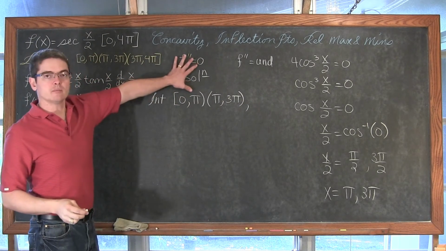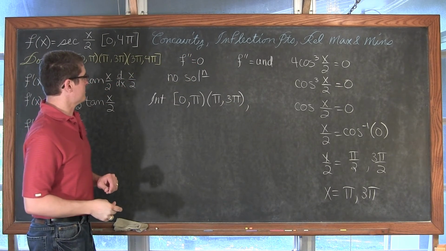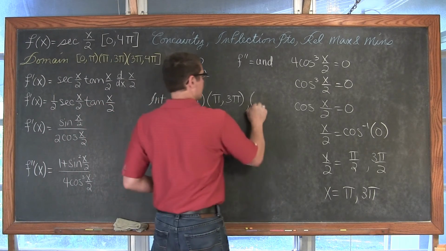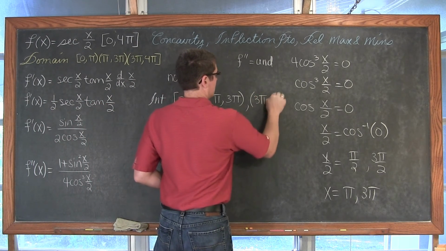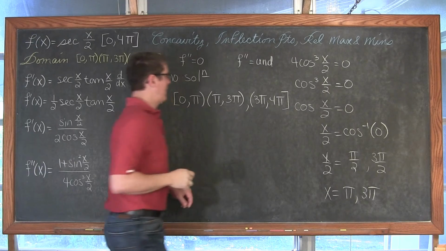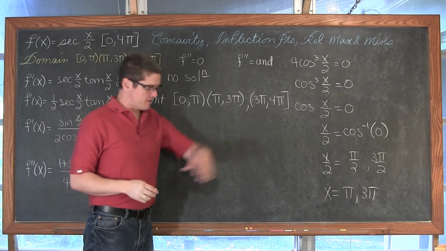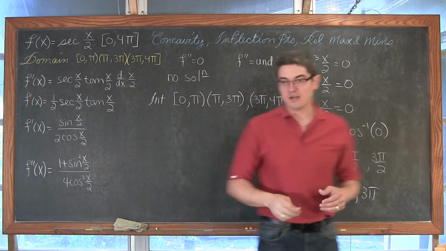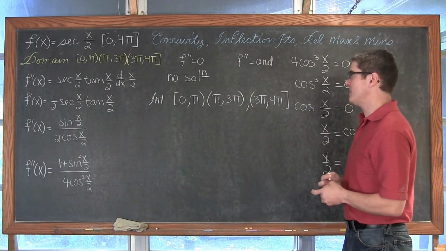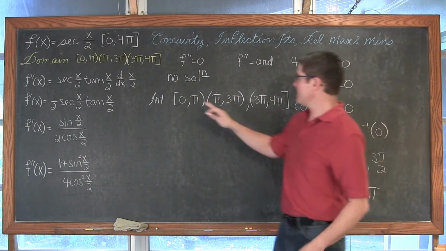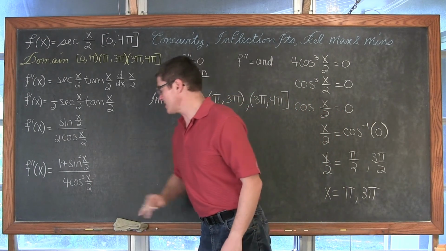And of course I'd be including my critical values from where the second derivative was equal to 0, if any existed, from 3 pi to 4 pi. Okay, so we're looking for where the second derivative is either positive or negative for concave up and down. And we're going to have to plug these values into this function.